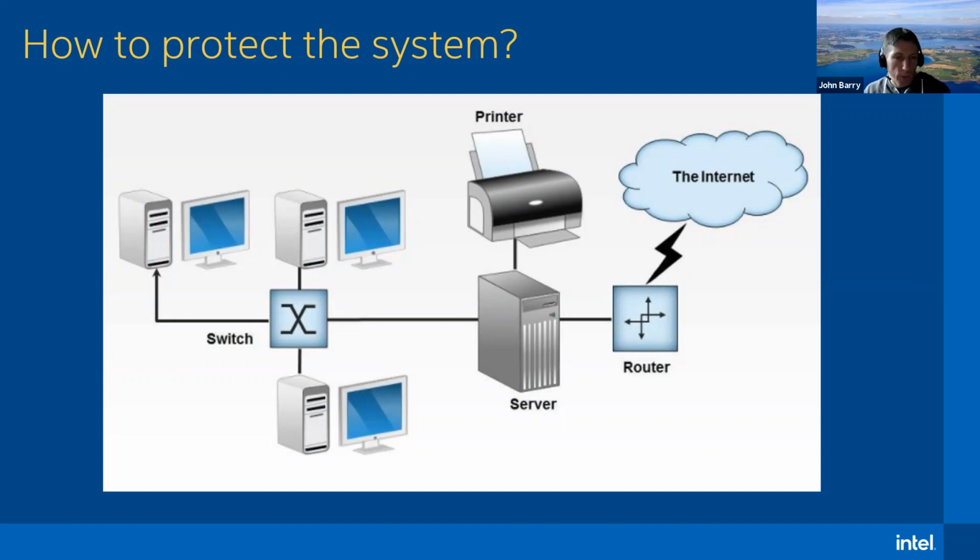Does anyone have any suggestions in terms of how we might secure this, or what you would do to make this network secure? Feel free to unmute or put it in the chat if you have any suggestions around how you could make this system less exposed to security vulnerabilities.